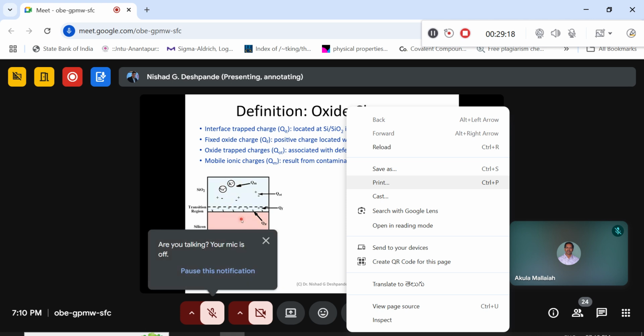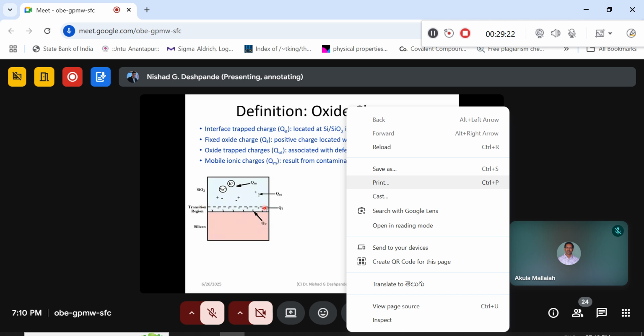That doesn't happen. The reason is that in the transition region there is sometimes a break, and then you will not get the same crystallinity following through the whole silicon dioxide layer. That is where stress and strain components come into the picture. Okay, so that's how it is going to happen.